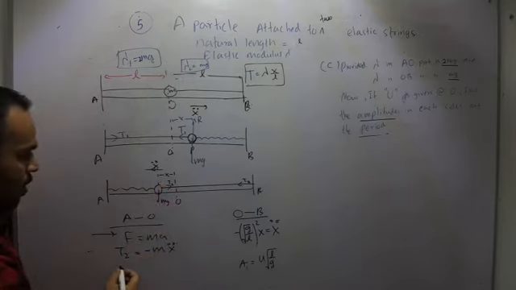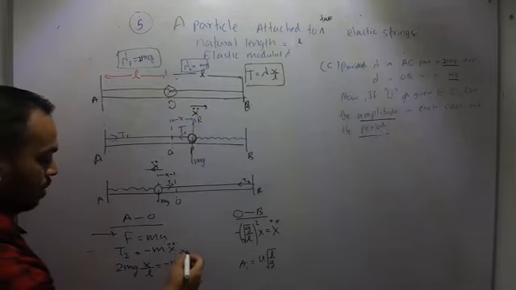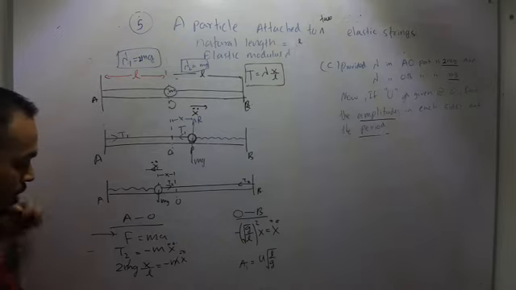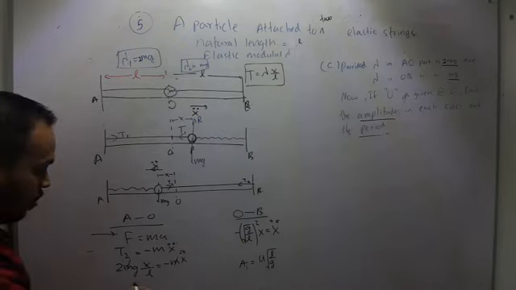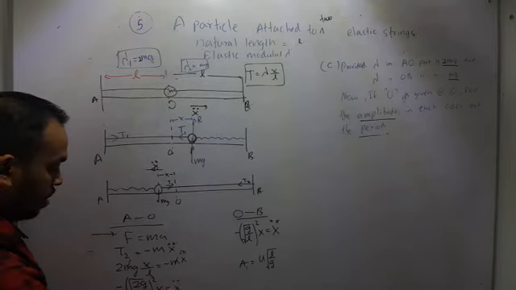Here the tension would be lambda, which is 2mg, times x over L, minus m x double dot. m cancels out, and finally you get 2g over L times x, with a minus sign, equals x double dot.